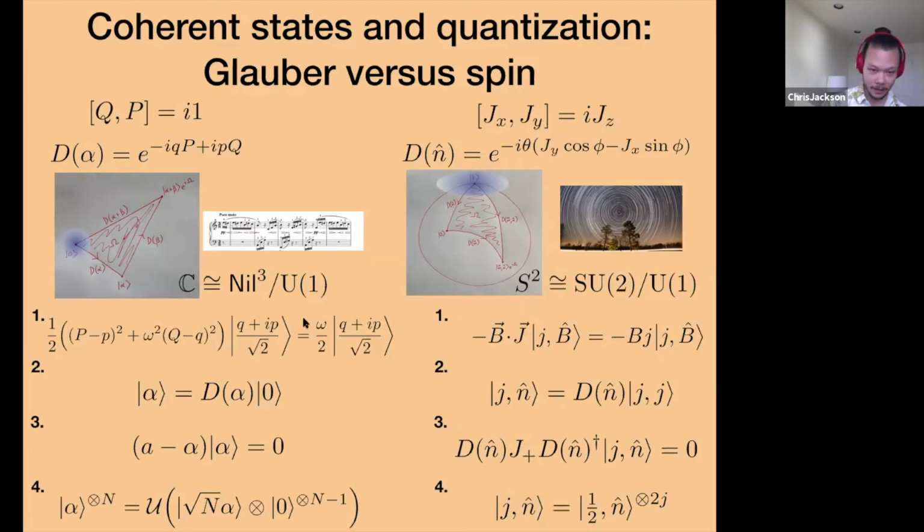So what I have down here are 4 different ways of defining so-called coherent states, which are a way of thinking about quantizing geometry. So on the left, we have, when we quantize the plane, there are a particular set of motions in the plane that are easy to solve dynamically.